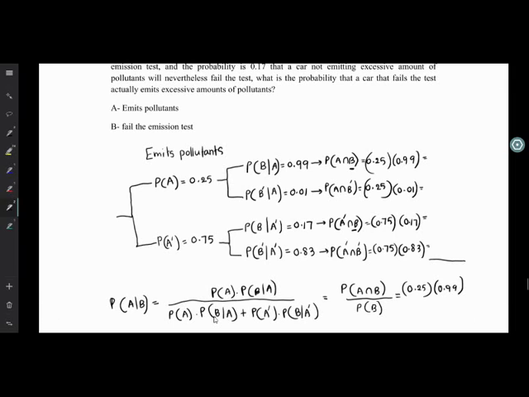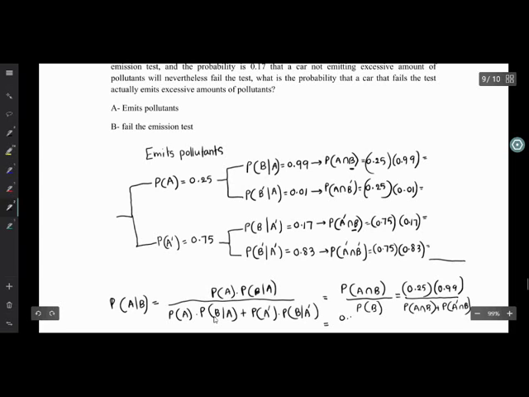So you have to add these two to get P(B). That is the rule of total probability. So at the bottom, P(B) can be gained by P(A intersection B) plus P(A prime intersection B). So this is the same thing written in two different ways.